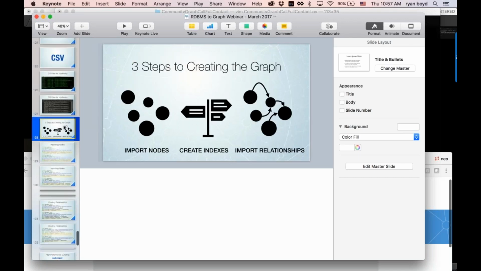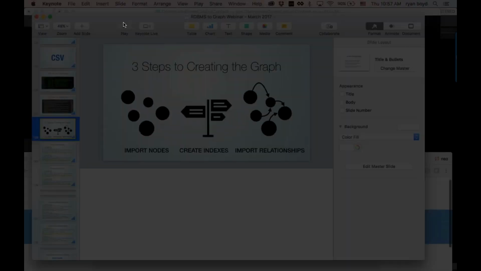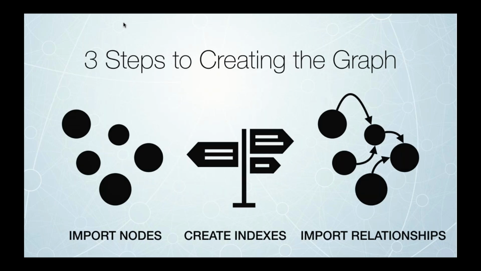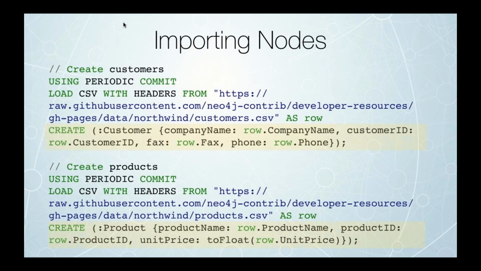So importing data into Neo4j, how do you get started here? You basically import your nodes, create indexes, and then import your relationships. I'm not going to go through this line by line, but there's different ways to import data. Load CSV is the easiest, but it is transactional.